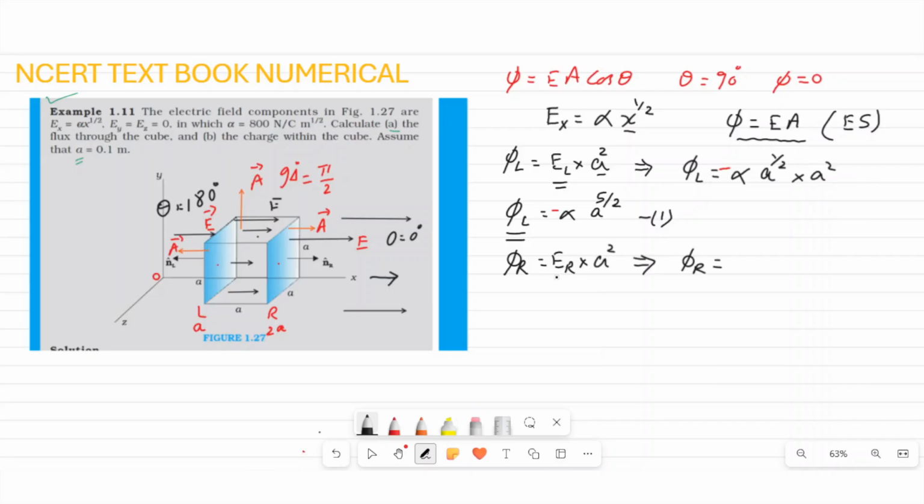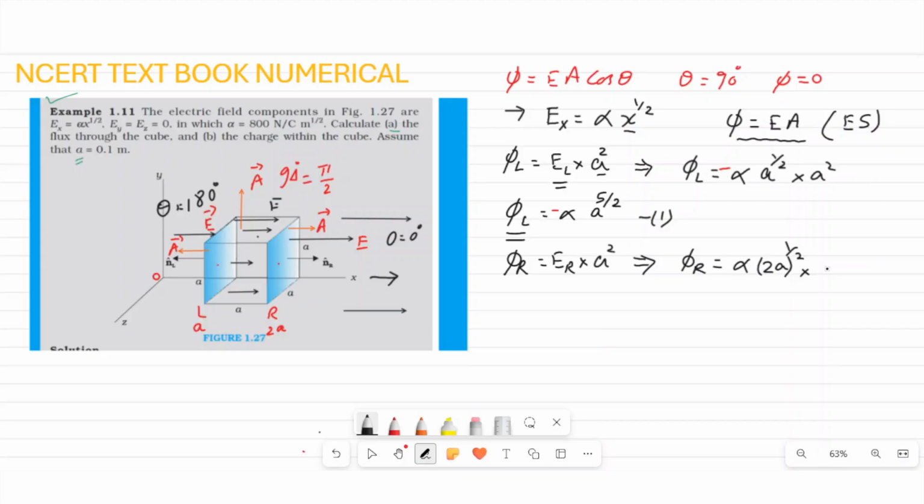Use this formula to find the ER. This will be alpha into, now this x is now A plus A, 2A, raised to 1 by 2 multiplied by A square. This will be positive, okay?